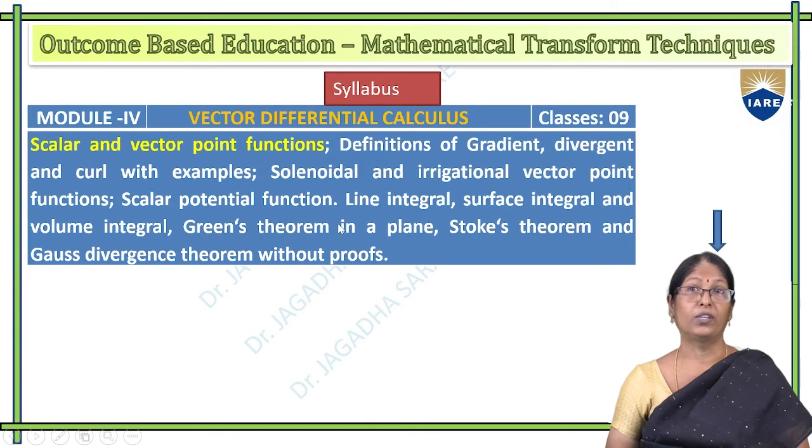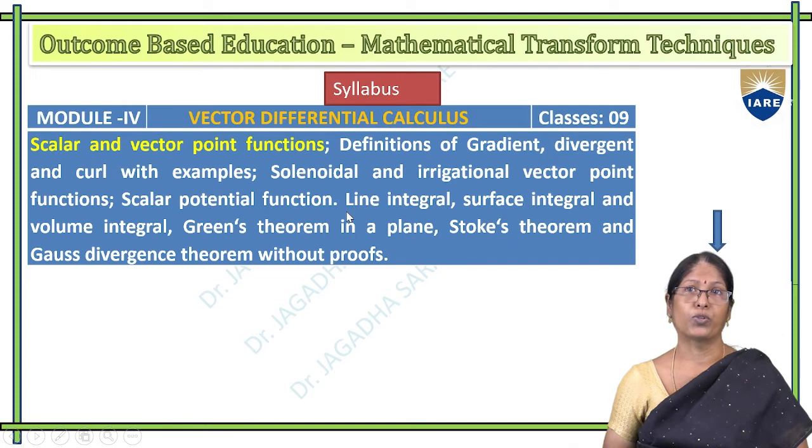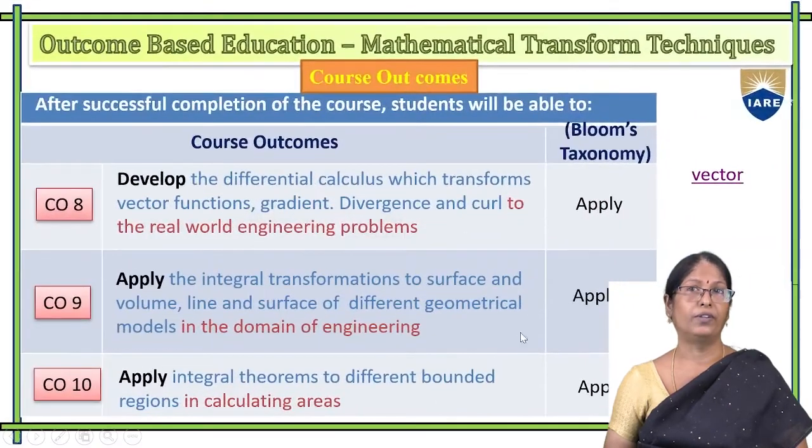That's what our syllabus curriculum has, and the faculty is expecting that the student should possess this knowledge. To evaluate whether he gained the complete knowledge of Module 4, Vector Differential Calculus, or not, the course parameters are designed in such a way.